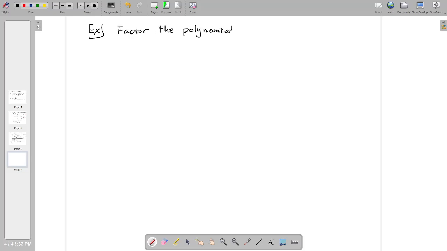Factor the polynomial p of x equal to 2x cubed minus 3x squared minus 11x plus 6. So what I want to do is find the factorization of this polynomial.